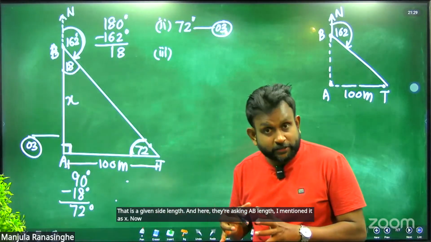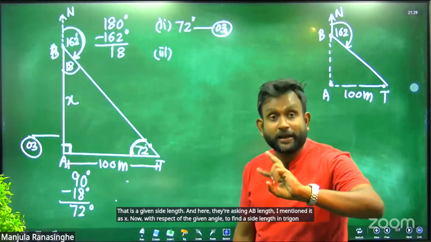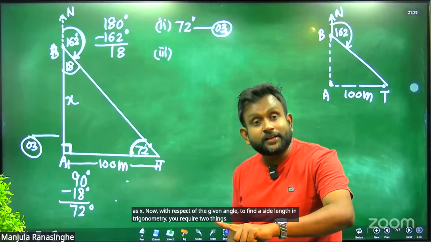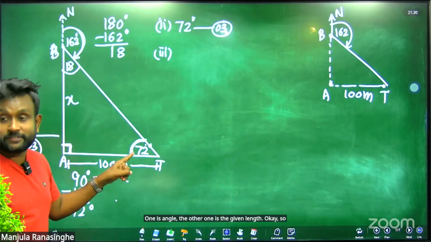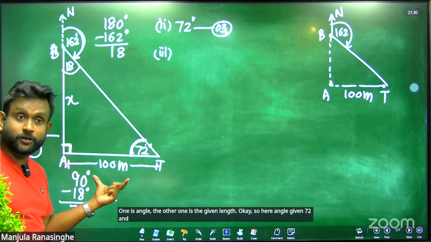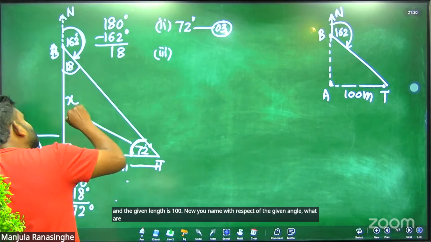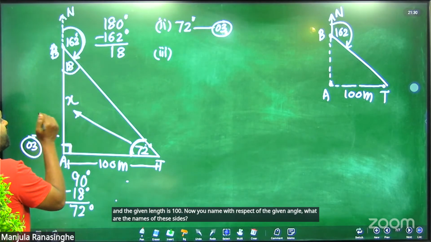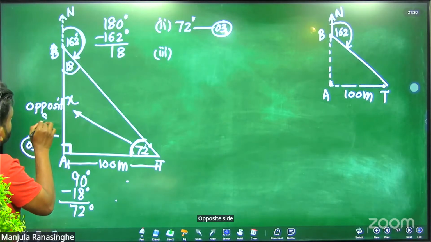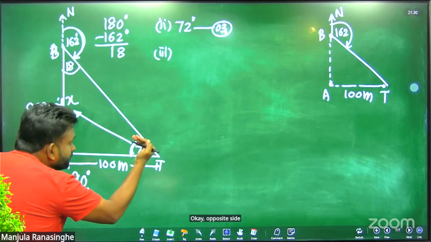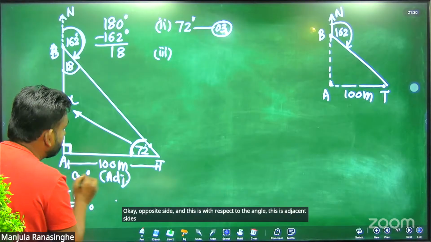With respect to the given angle, to find a side length in trigonometry you require two things: one is the angle, the other is the given length. Here the angle given is 72 and the given length is 100. Now name the sides with respect to the given angle. This is opposite to the angle, so we call it the opposite side, and this is the adjacent side.